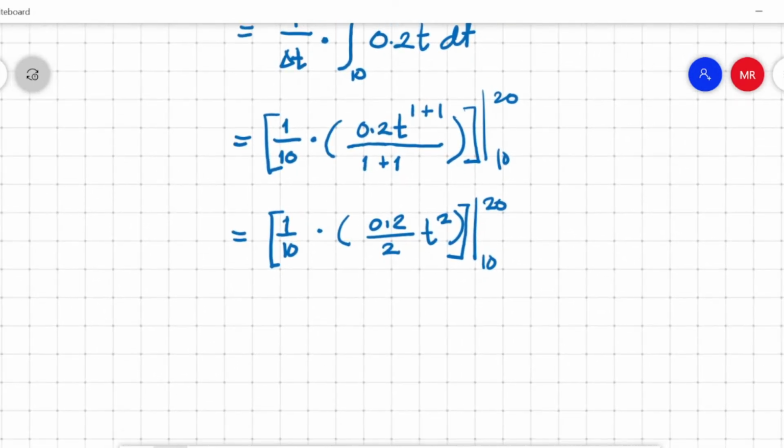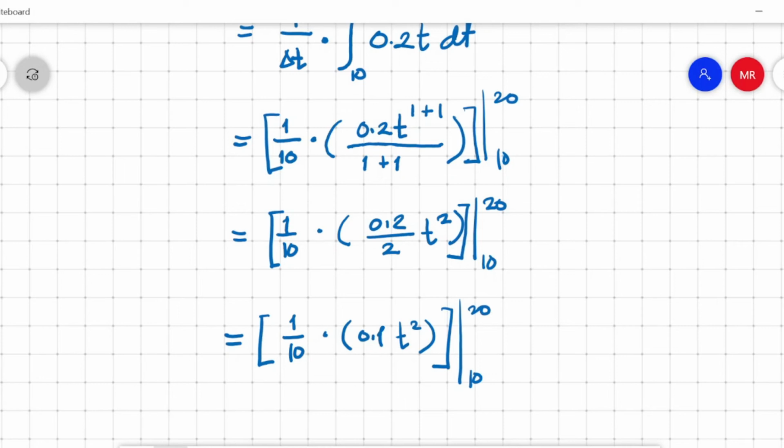Okay, so substituting our time to this equation, we'll have now 1 over 10 times 0.2 divided by 2 is 0.1 t squared. Again, all of this term will be evaluated 10 to 20, the limit.